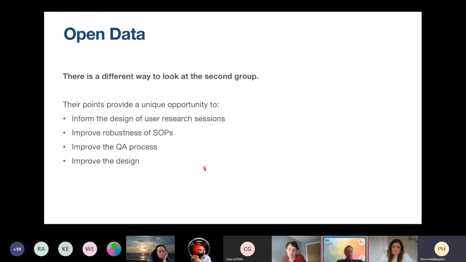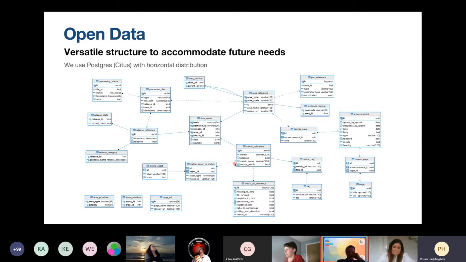It helps us improve the robustness of our SOPs, the standard operating procedures that we use to create or release the data, or do automated QAs and things of that nature. We could change the QA operating procedure to accommodate additional checks, and we can improve the design to mitigate misunderstandings.